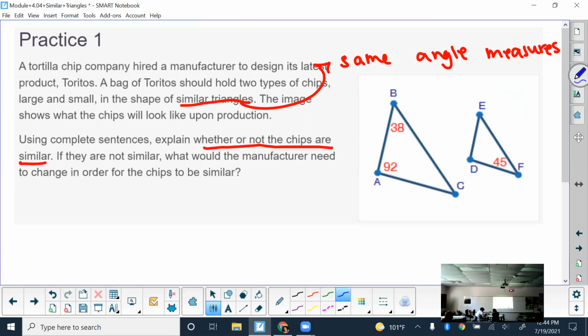All right, so if I were to figure out the missing angle on the first triangle, what would that missing angle be?